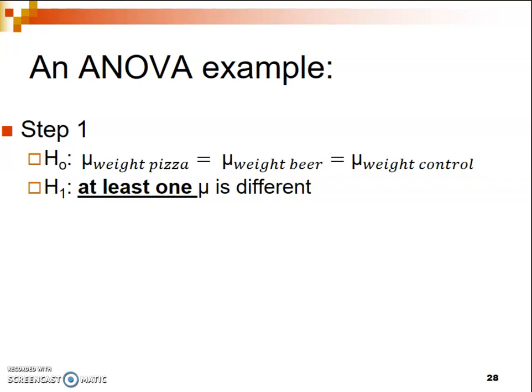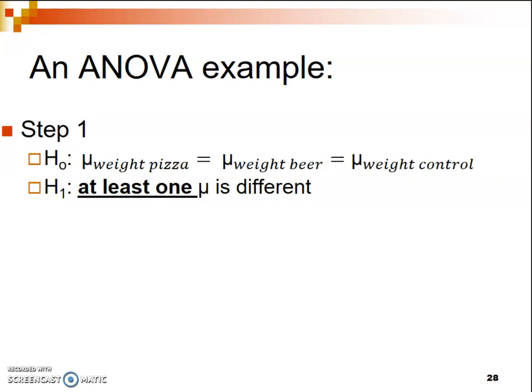So the major thing I want to point out now is the alternative hypothesis and how that looks different. So our alternative hypothesis says at least one of our mu's is different. So notice that that is a different way of wording it versus if you were to use the unequal sign. If we use the unequal sign, that would mean that every single one of these groups is different.